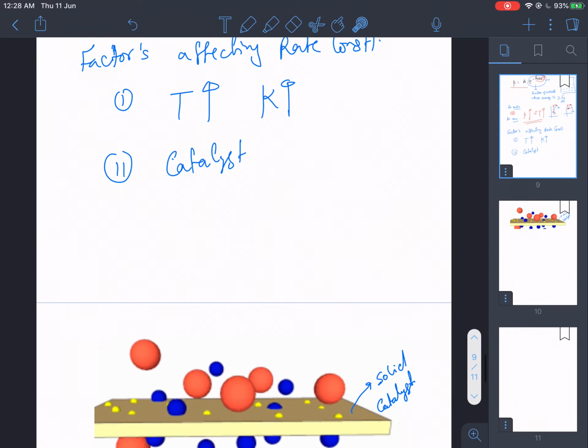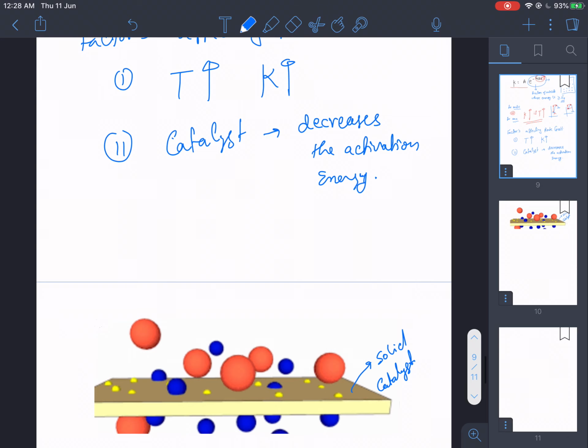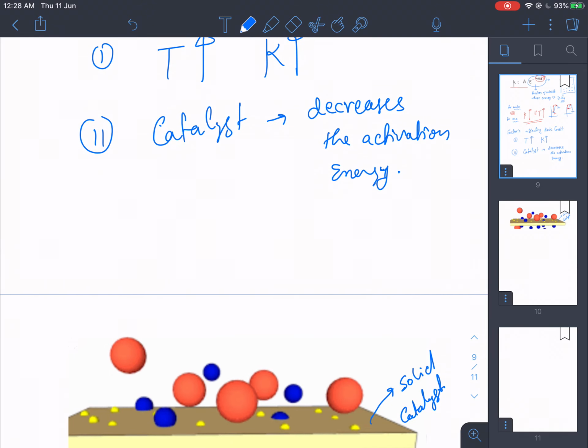So catalyst decreases the activation energy, decreases the barrier, decreases the activation energy. Right, catalyst decreases the activation energy.